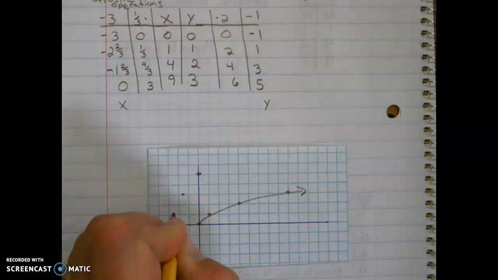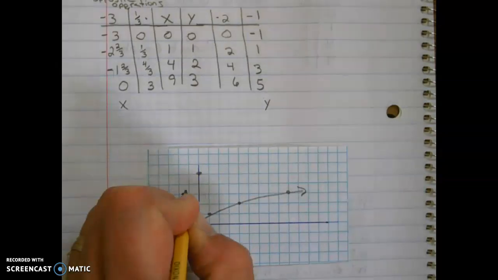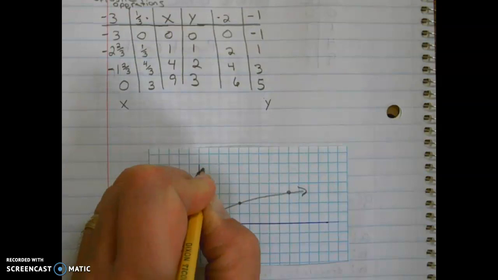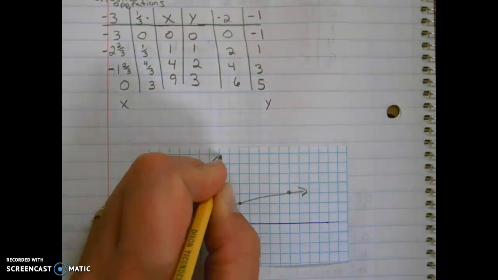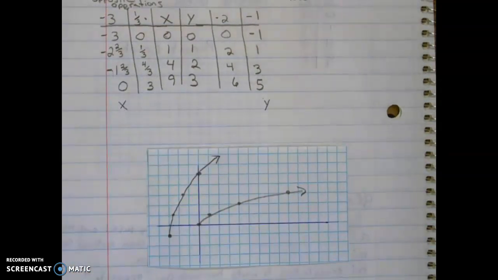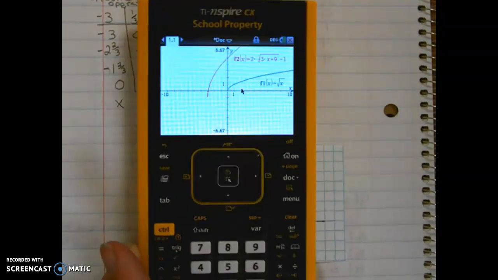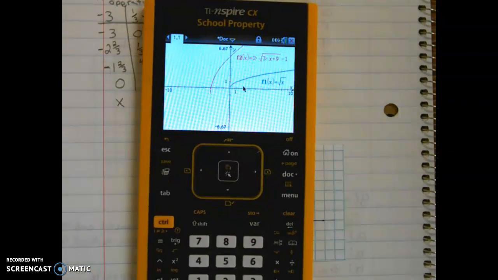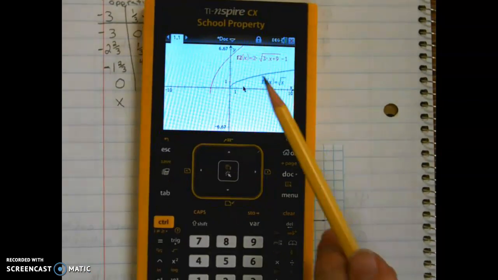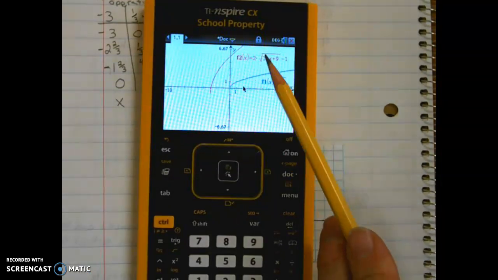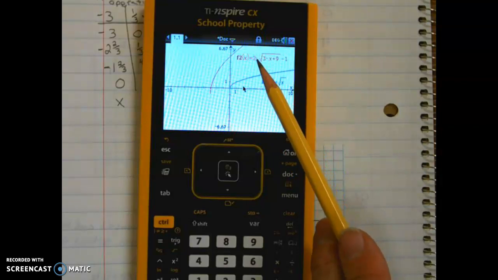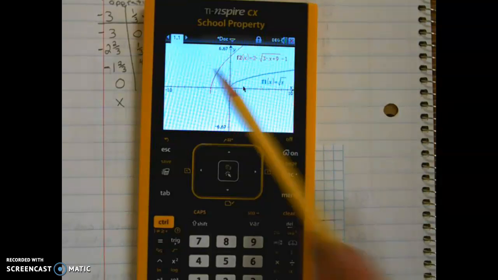You connect those points, make a little curve to it. Okay, and just to show you that it works out, I have it here on the Inspire calculator. Here's your parent function, and then here is the new transformed function.